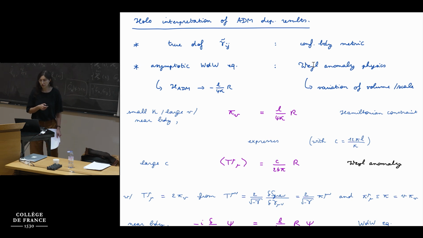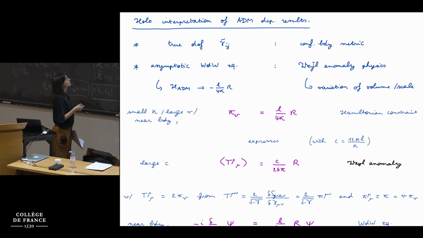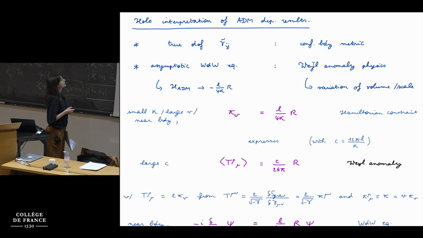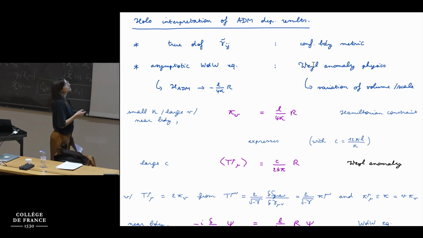Okay, so now let me move to the holographic interpretation of these results of our ADM deparametrization discussion. First of all, the true degrees of freedom gamma tilde, the ADM degrees of freedom, are interpreted as the conformal boundary metric of the AdS3 solution.